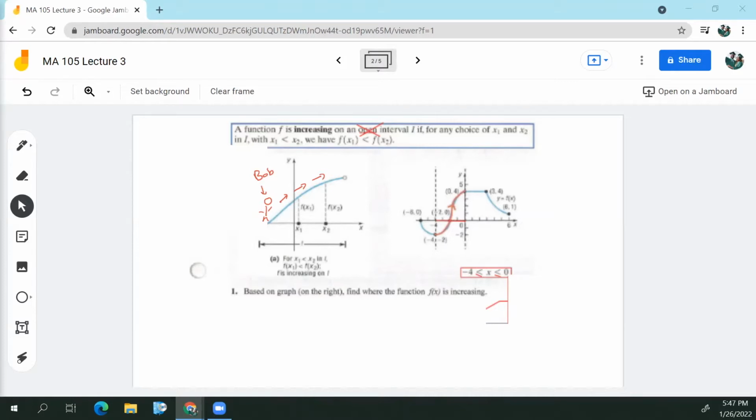Increasing. So if you want to write this down, you can say increasing means going up the hill. Increasing is like going up the hill.